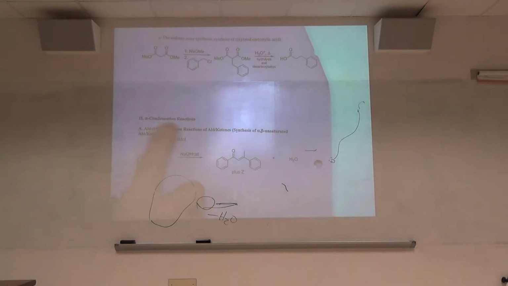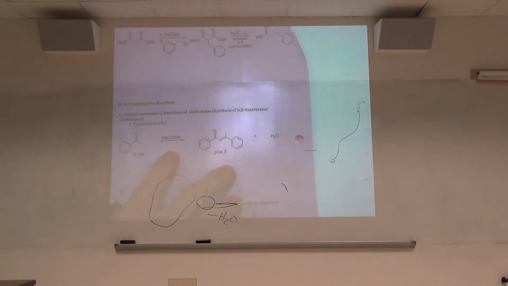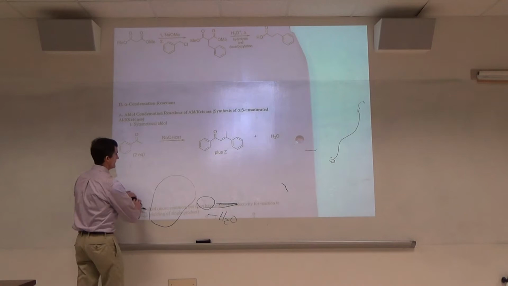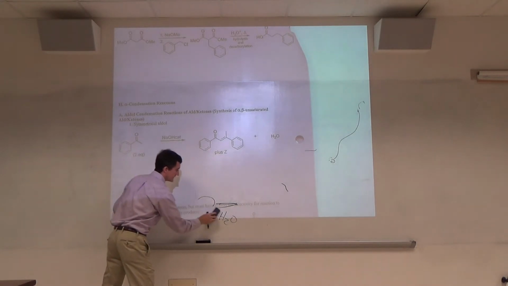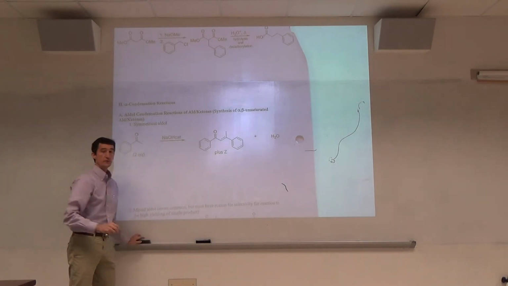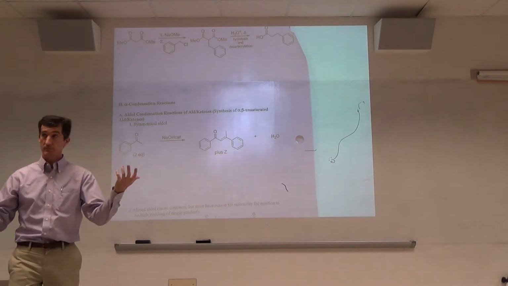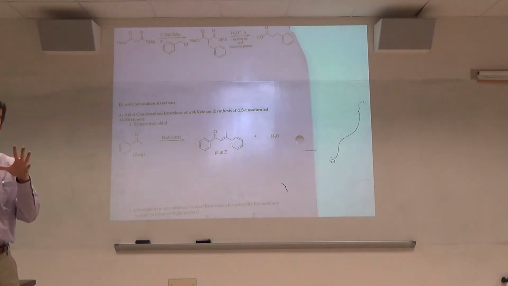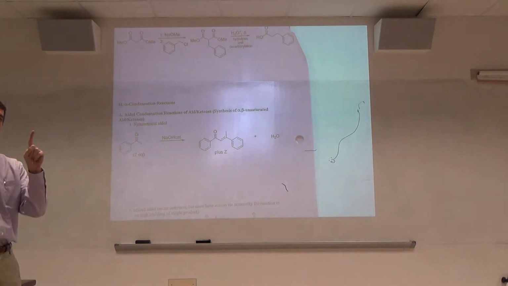Let's look at alpha condensation reactions. The main one being aldol. Let's look at this aldol reaction. There's various types of aldols. They're symmetrical and non-symmetrical. Symmetrical, you're going to have two of the same molecules reacting with each other.